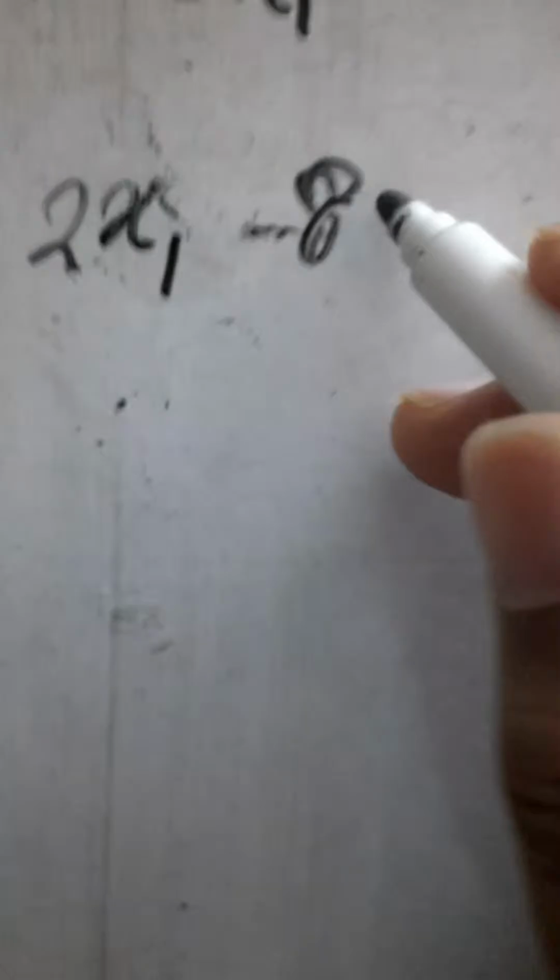So 2x1, and here it is already x1, so this power is going to be 0. Do I even need to explain it? It's as clear as day.